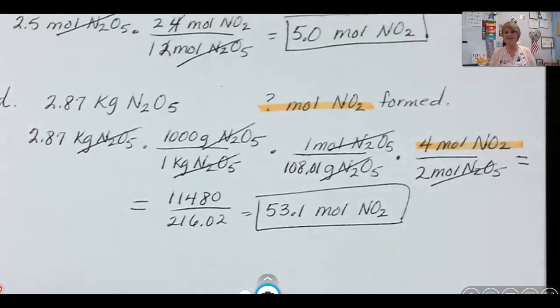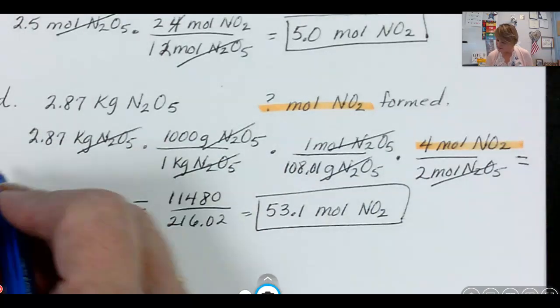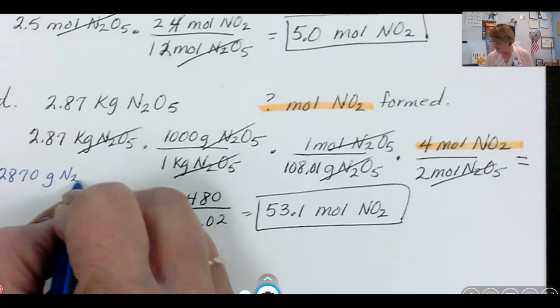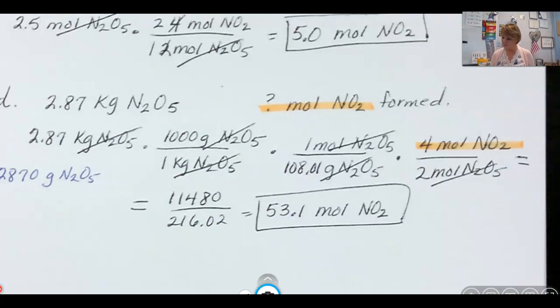The only thing I'm going to tell you is to be very careful with that, especially as we get later on where we're doing volume conversions or even area conversions, if we're doing pressure or volume, maybe the gas laws, some of that kind of stuff, because then you might mess yourself up. So that's kind of a call on that. I would like for you to put it in, but would not necessarily count it wrong, but I would need to see over to the side somewhere here that you moved your decimal and then wrote it as 2870 grams. Okay, kind of show me that to the side would be great.